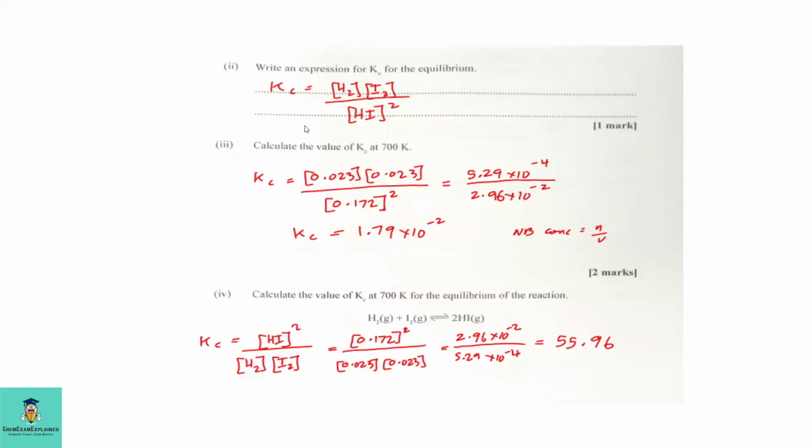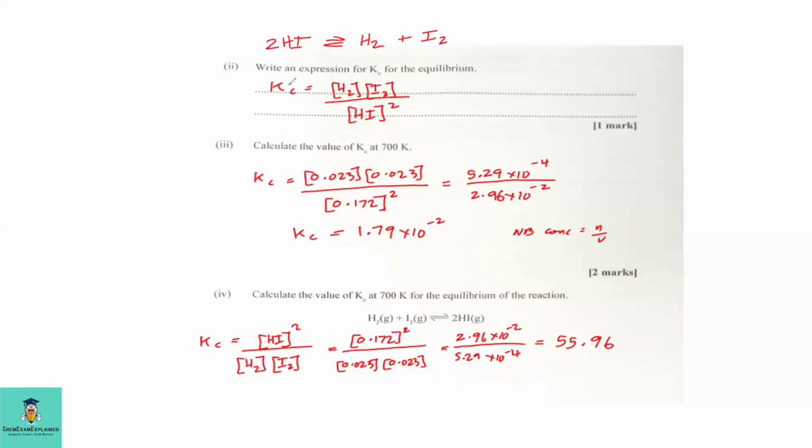2C part 2. Write an expression for Kc for the equilibrium. Now, let's rewrite the equation that we had. We had 2HI reacting to produce H2 plus I2.